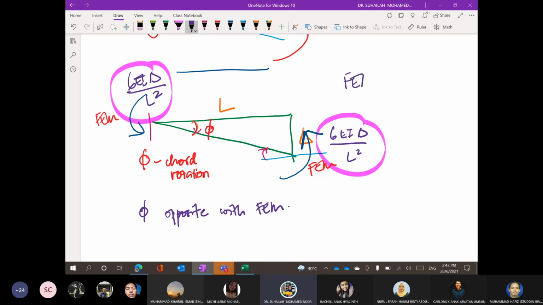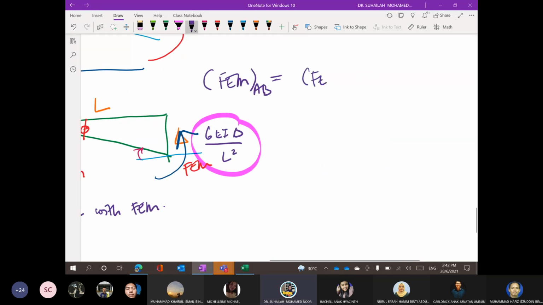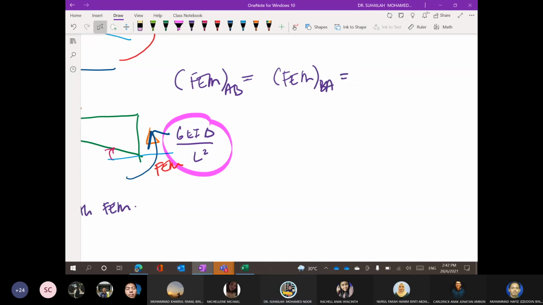So FEM AB equals FEM BA equals 6EIΔ over L squared.